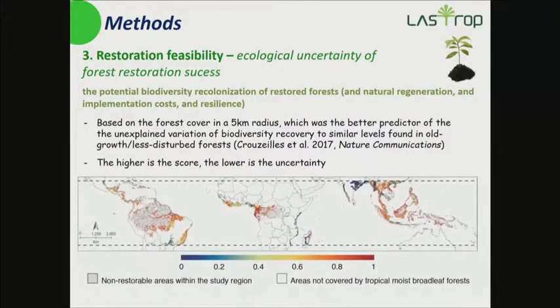So we used a 30 by 30 meters map of global tree cover developed by Matt Hansen, published in Science in 2013. And then we ran this analysis for the global tropics to determine the ecological uncertainty of restoration. So the higher the score, the lower the uncertainty, and the higher the benefit, the feasibility of restoration.